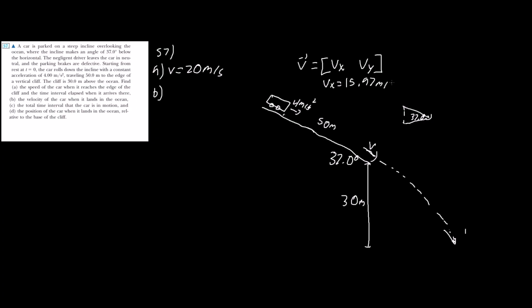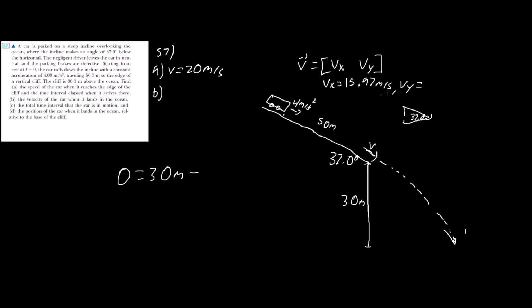So Vx here is going to be 15.97 meters per second. And Vy is going to be 9.8 times the time it takes for the car to hit the ground 30 meters below. I'm going to solve it all the way and find the time it takes for the height to be 0. The initial height is 30 meters minus the initial y component.